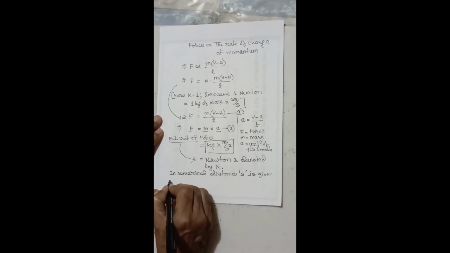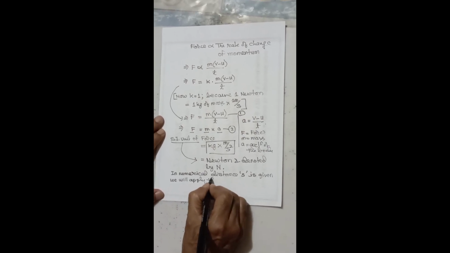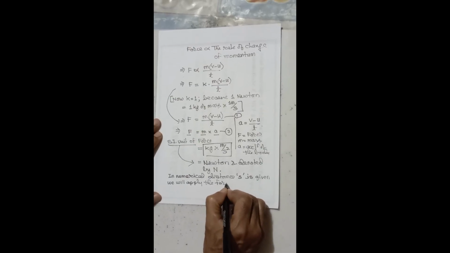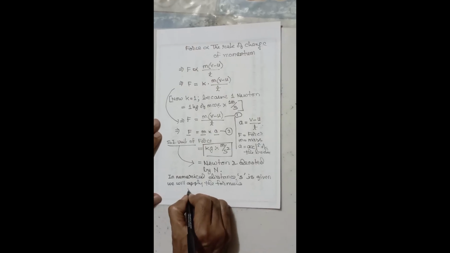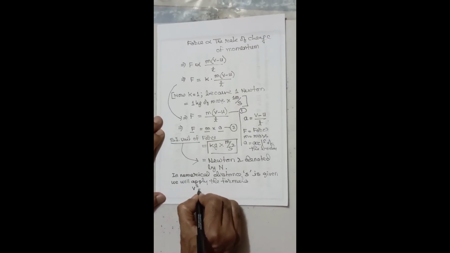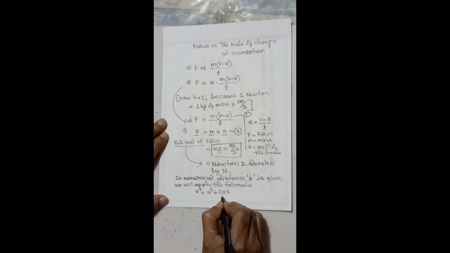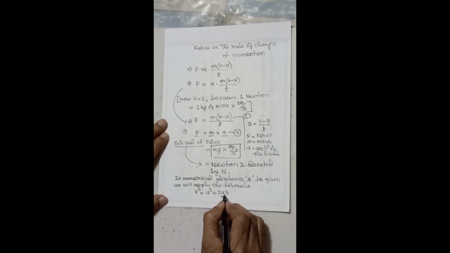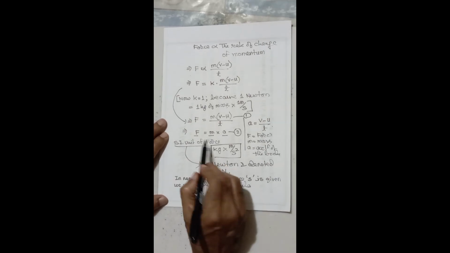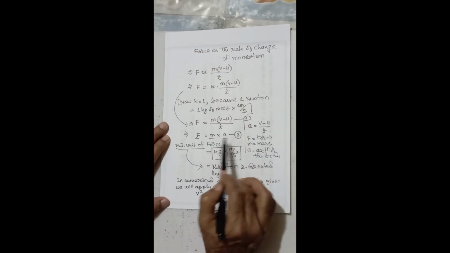In that case we recall the equations of motion: v square is equal to u square plus 2as. With the help of this simple equation, first we calculate acceleration where v, u and s are given. Then we apply equation 1 or equation 2 as per the given question.